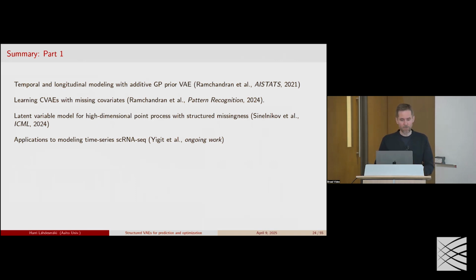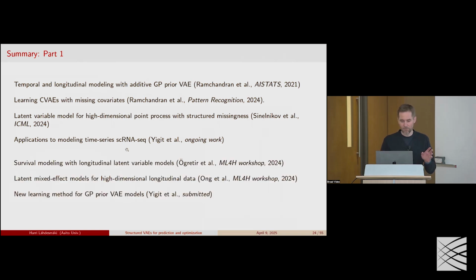Okay, so that's part 1. I tried to illustrate how these structured, meaning correlated, latent variables can be useful for longitudinal modeling, and illustrated that using electronic health records type of data, and then also something for time series single cell RNA sequencing. We have also used these for survival modeling in a longitudinal setting.